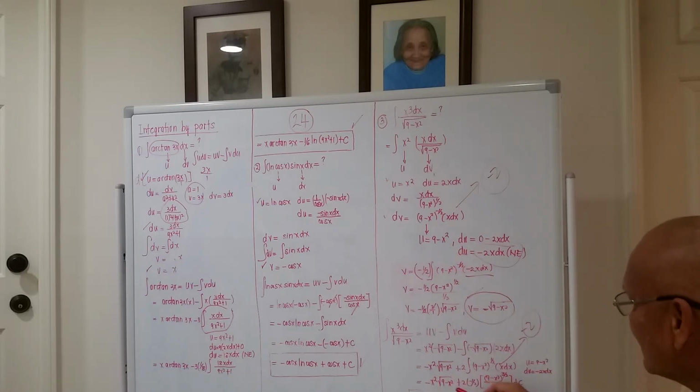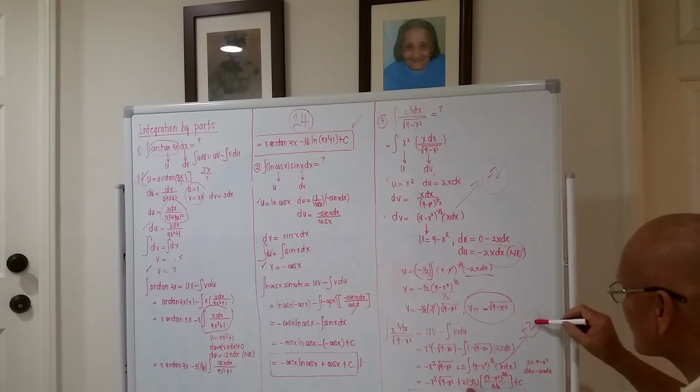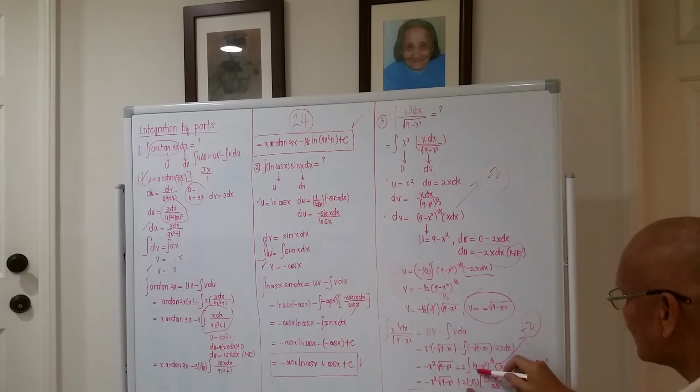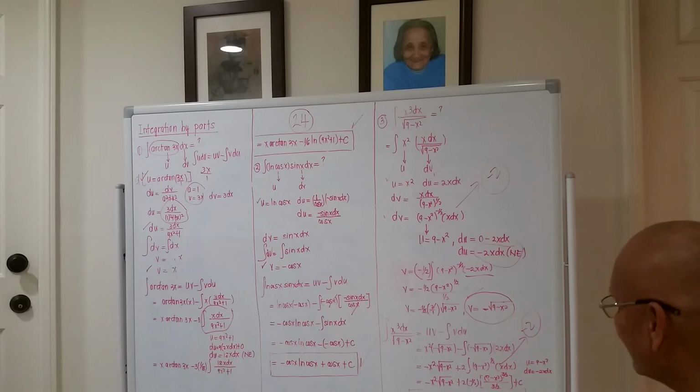Rewriting the first answer, plus 2 times minus 1/2. Why negative 1/2? It's the reciprocal of minus 2. Times, open bracket, power formula: 9 minus x squared, 1/2 plus 1 is 3/2, over 3/2, plus c. Final answer, negative x squared, the square root of 9 minus x squared.